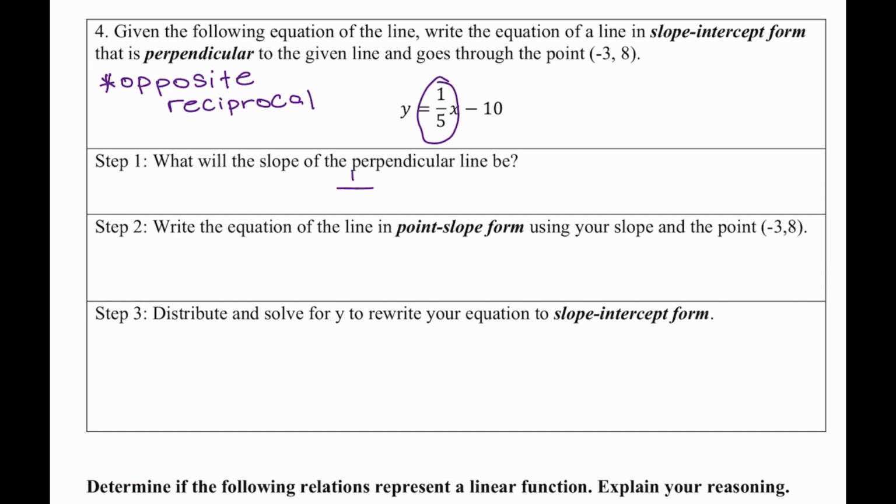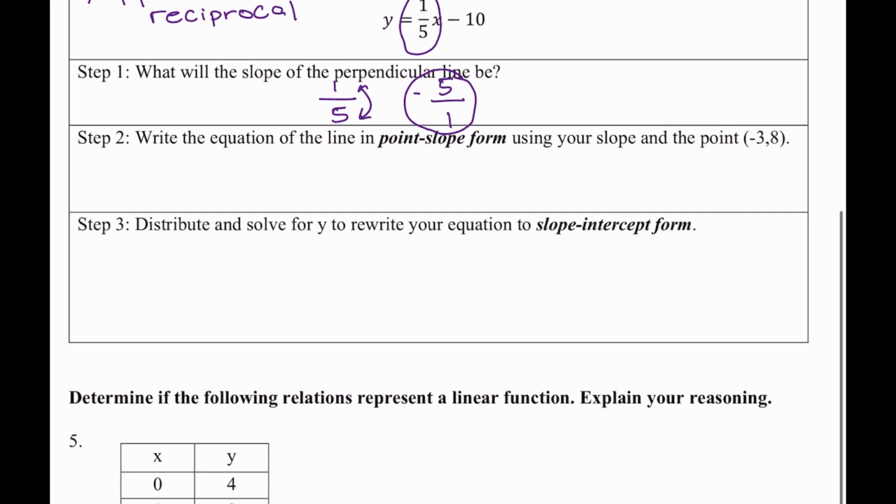And in order to find my new slope, I'm going to flip this value to be 5/1, and I have to make it negative since 1/5 was positive. And so the slope of my perpendicular line will be -5/1. Step 2, I now need to write the equation in point slope form.